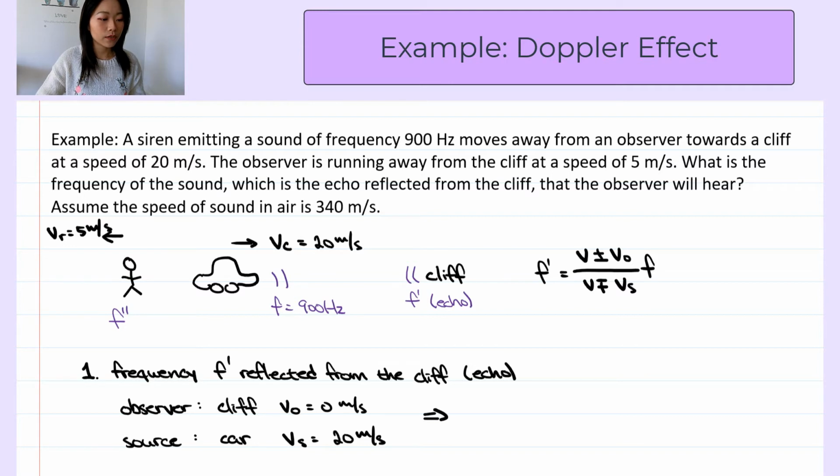So we can use this to find F prime, frequency of echo. It would be speed of sound divided by speed of sound minus speed of car. Minus here because the source, the car, is moving toward the cliff, then times the original frequency. Let's call this equation 1.